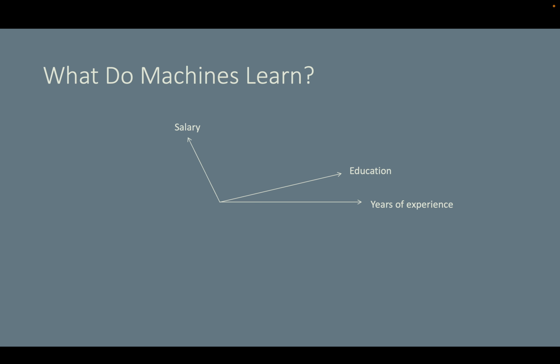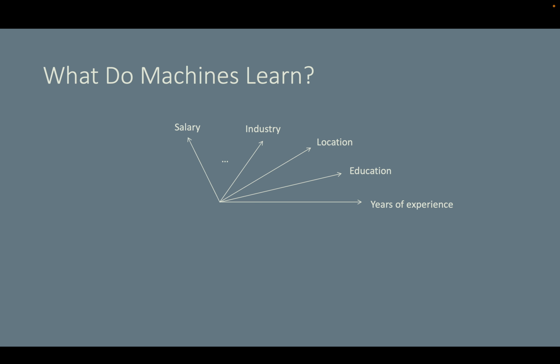Now, let's think bigger. Imagine we add even more factors or features. Maybe we can add a person's location or their industry and more. With each new factor or feature, the machine needs to learn a new relationship. And with each relationship, we introduce more parameters for the machine to learn.